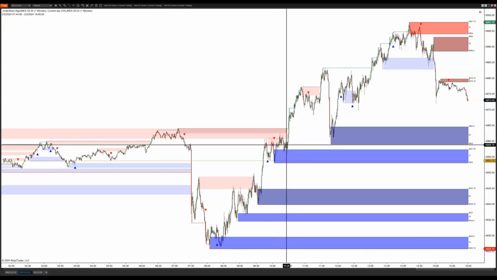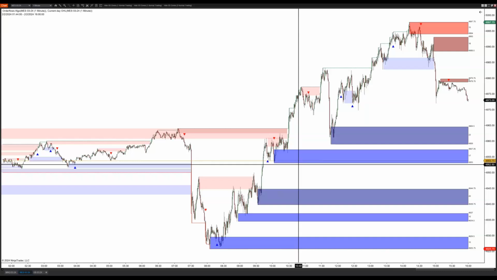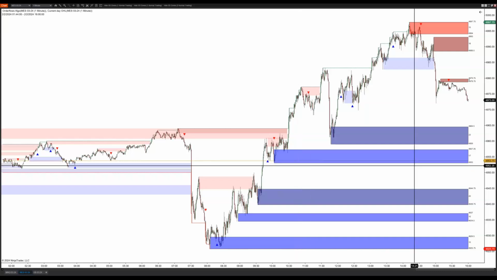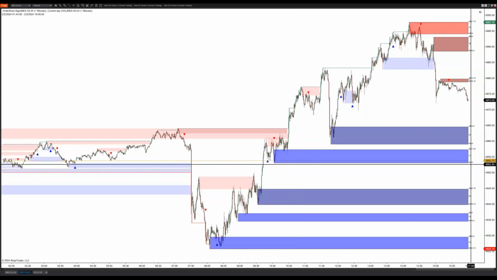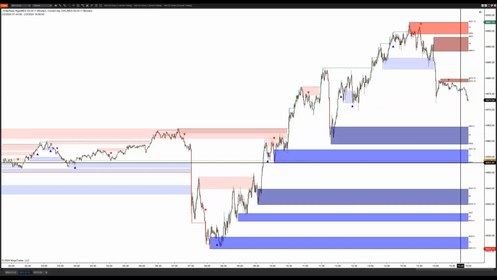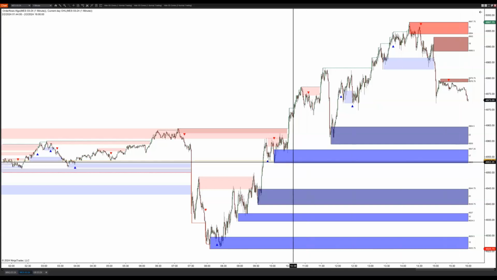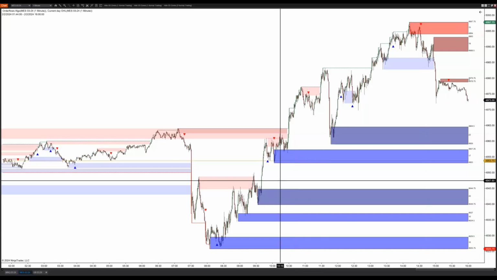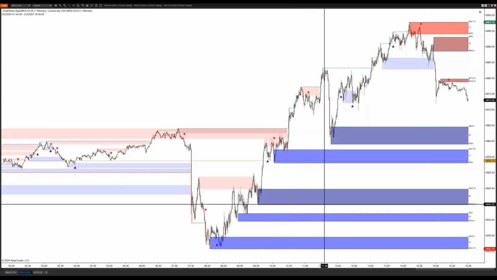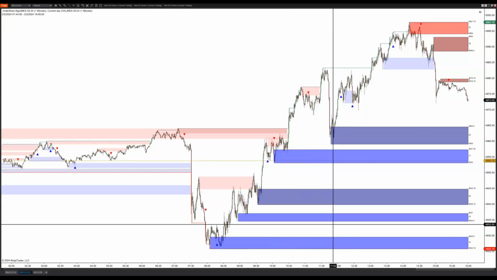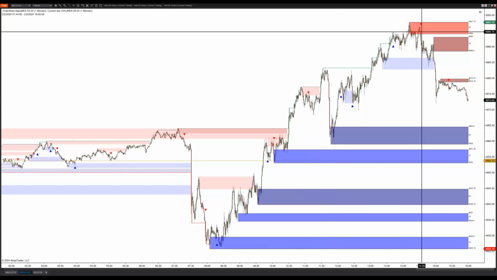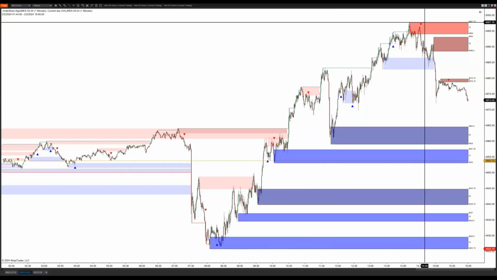So if you're long off of this zone, where's your stop going to be? It's going to be just below 49.53. It just tells you the price, right? So you don't have to move your cursor over it, it's just easier to draw the price, write the price there. So any zone, the lower level of a blue zone is basically your stop price. On a red one, right, the top price is going to be there.